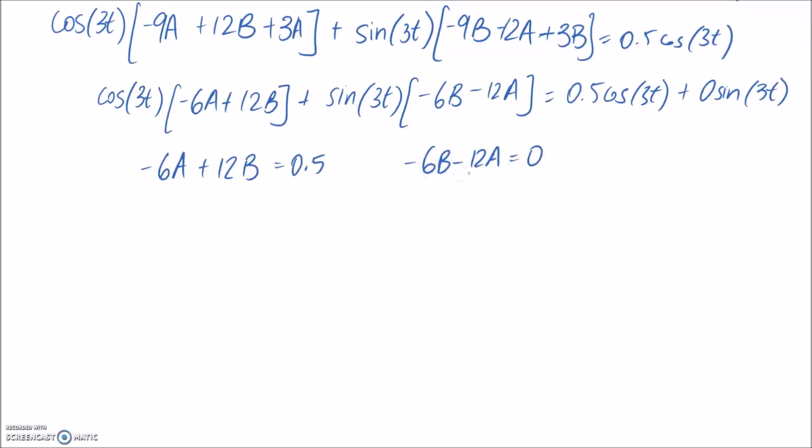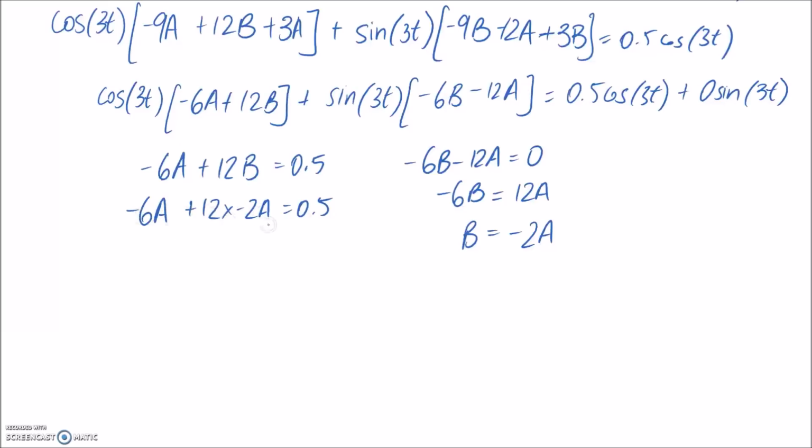So I'm going to start by rearranging this one here to get b equals. If I swing this term to the other side, we end up with that. And then b is going to equal 12a divided by negative 6, which leaves you with negative 2a. So if we now substitute this back up into the other equation to solve simultaneously, the b is getting replaced with this negative 2a.